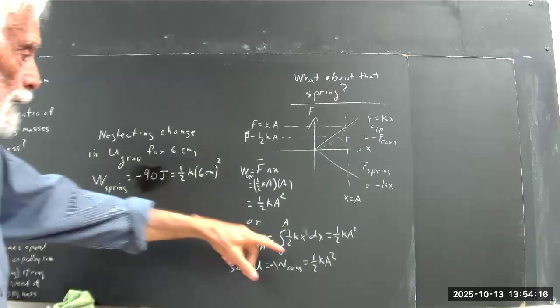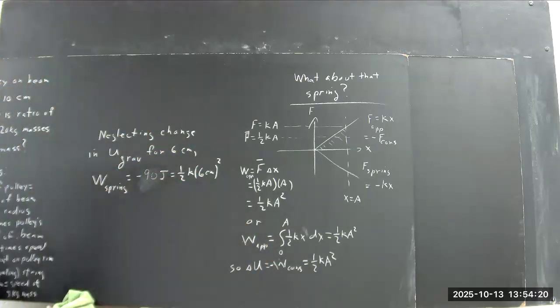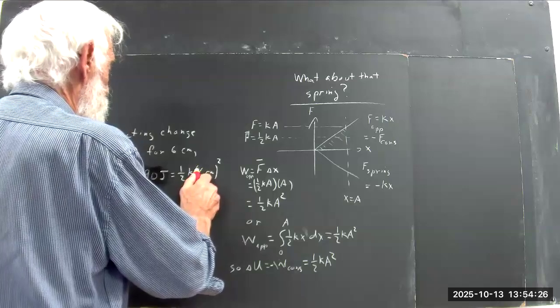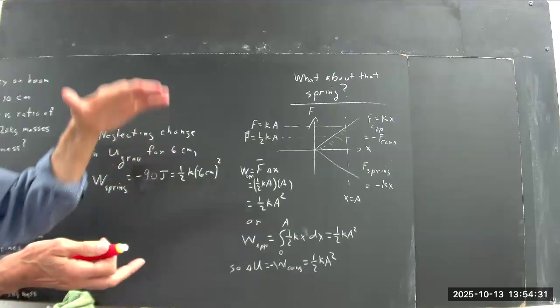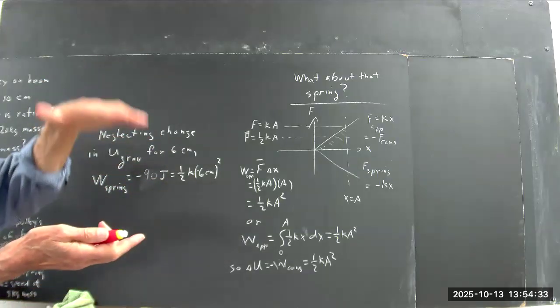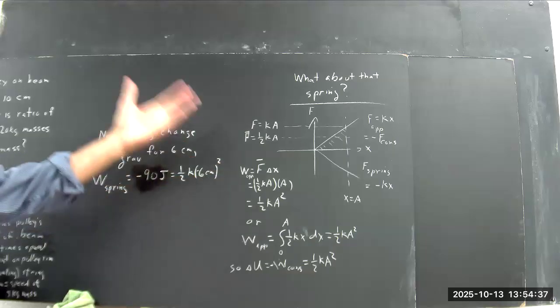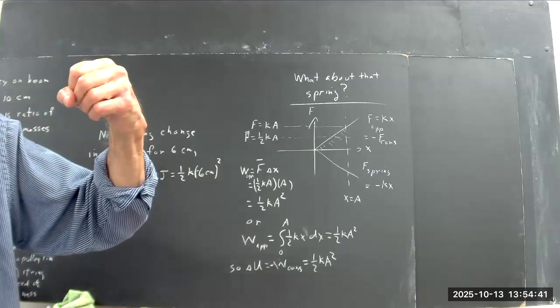And that's going to be 1/2 kA squared, where A is the 6 centimeter maximum compression of the spring. You could say it's times negative 6 centimeters, because the position of the top of the spring, the part in contact, changes by negative 6 centimeters. But when you square negative 6 centimeters, you get a positive. So it doesn't matter whether you're compressing or stretching.